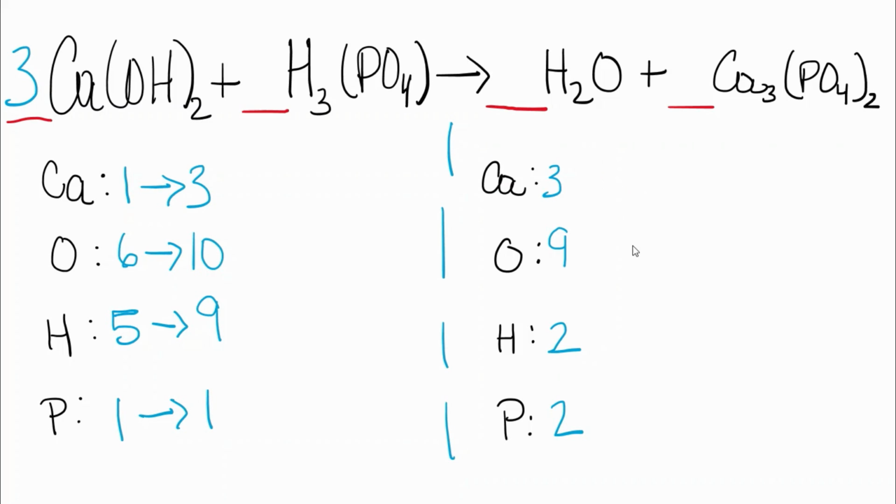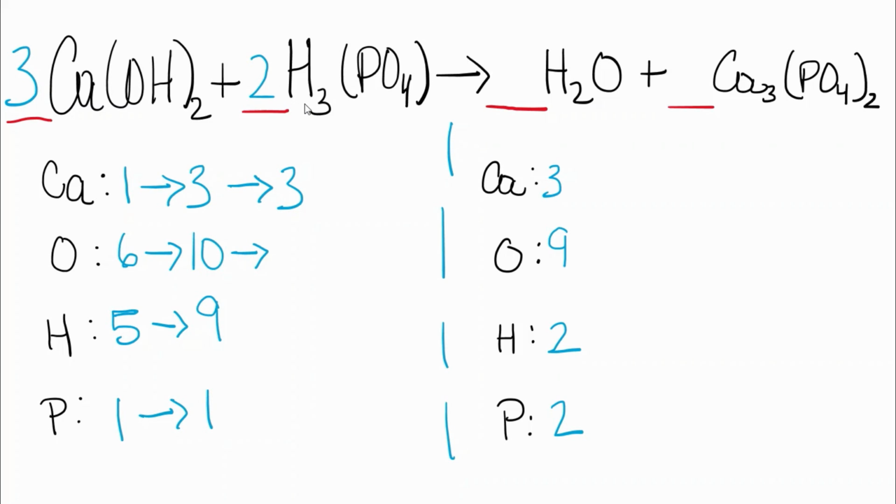So the next thing I'm going to look at is the number of phosphorus we have, right? So here there are 2 phosphorus on this side, only 1 phosphorus on this side. So I'm going to put a 2 here, right? So the number of calciums we have will not change. It'll still remain 3. The number of oxygens we have, well, we'll still have 6 from the calcium hydroxide.